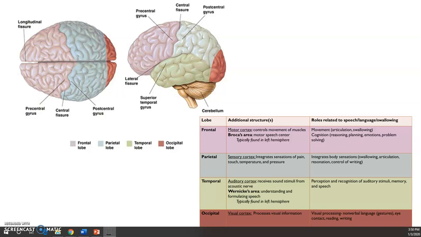We have the occipital lobe, which is primarily for visual processing, so it's going to help us with our nonverbal language like gestures. It's also very important for sign language. It helps with eye contact during conversations, and it helps with reading and writing in collaboration with Wernicke's area and the sensory cortex.